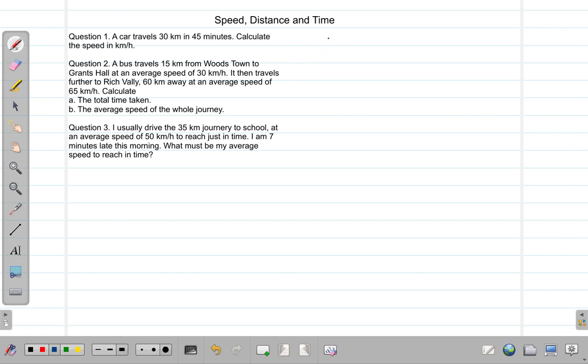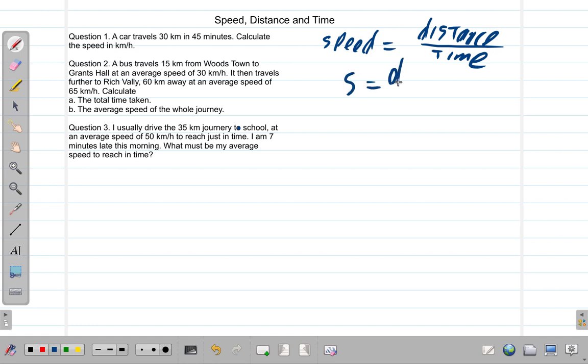Now remember, speed is distance divided by time. That's the formula. Now, let us use S equal distance divided by T. Our distance is equal to 30 kilometers.